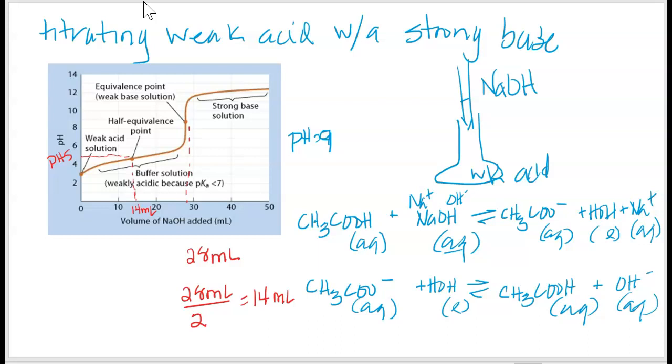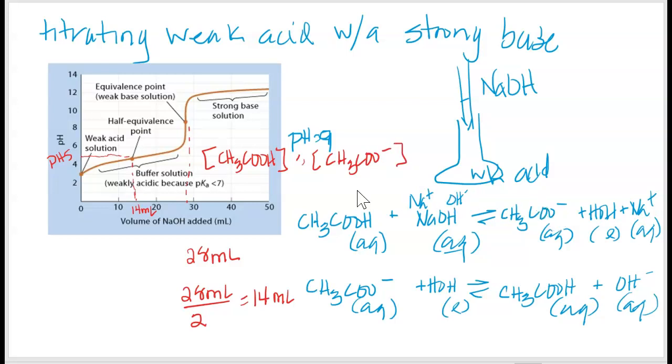So the half equivalence point means half the acetic acid molecules have reacted, forming acetate ion. So the concentration of acetic acid equals the concentration of acetate ion at the half equivalence point.